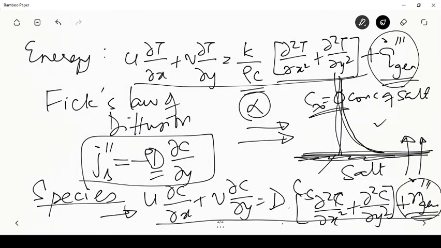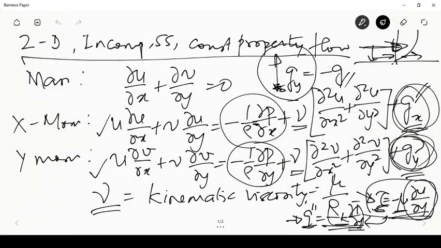Okay, but the form of the equation has the convection in the x direction, convection in the y direction, or advection in the x direction, advection in the y direction, conduction or diffusion in the x direction, diffusion in the y direction. Similarly, advection x direction, advection y direction, diffusion in x direction, diffusion in y direction. In the same way, in this case, advection in x direction of momentum, advection in y direction of momentum, and the diffusion in x direction and diffusion in y direction because of viscosity.